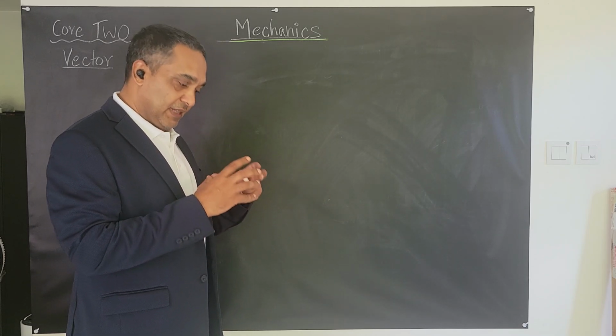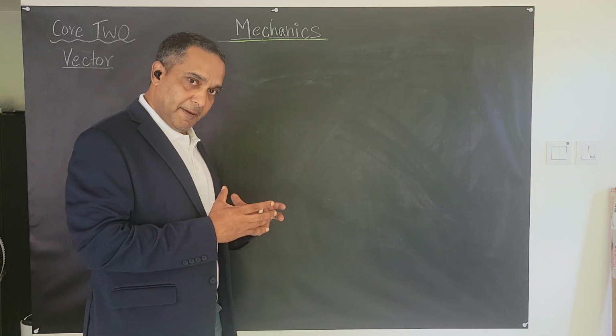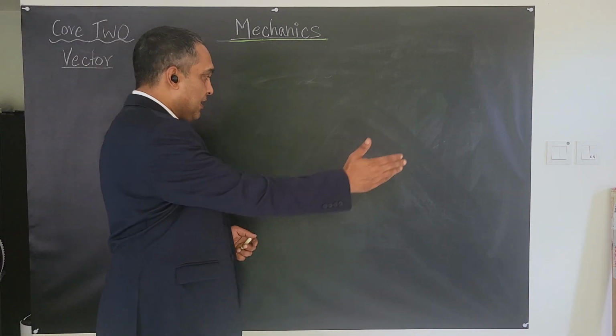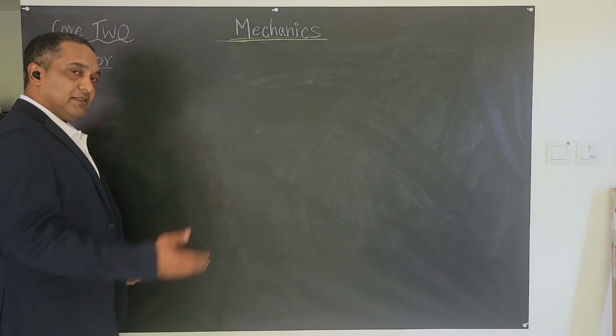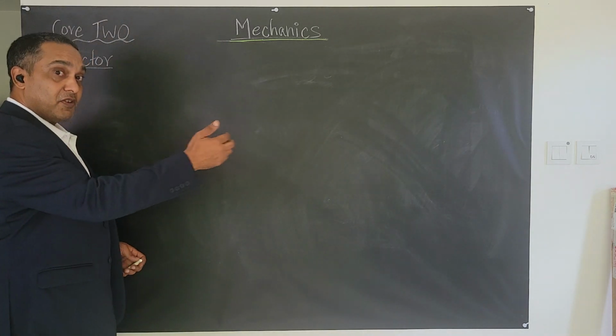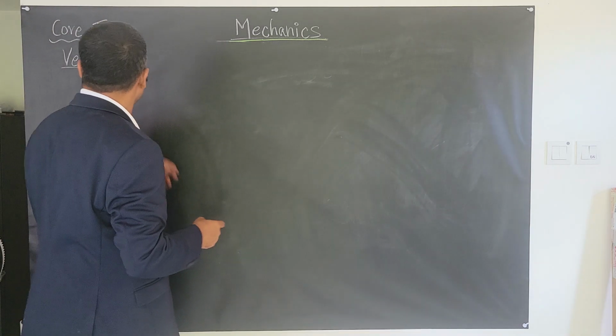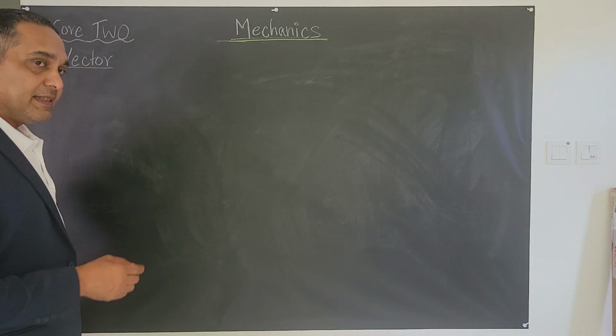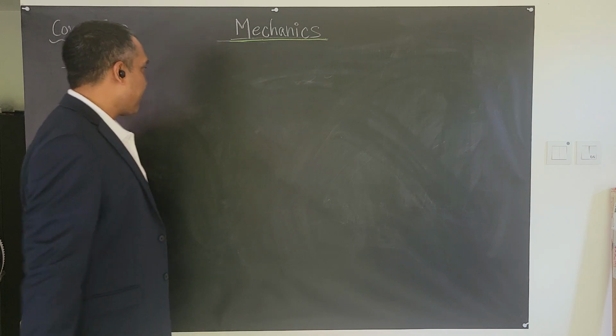It has magnitude. That 100 is its magnitude. It has direction. You're going left to right, and if you were going the other way, it'd be negative. But that is what a vector is. It has magnitude and direction, right?